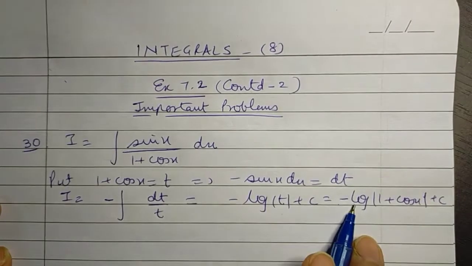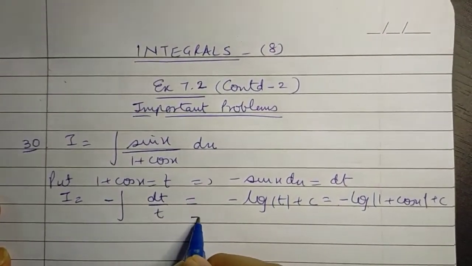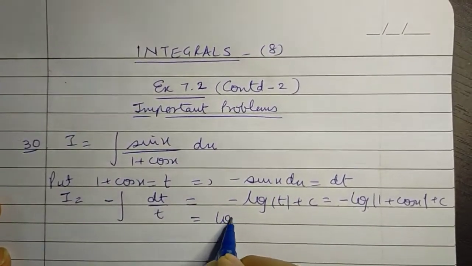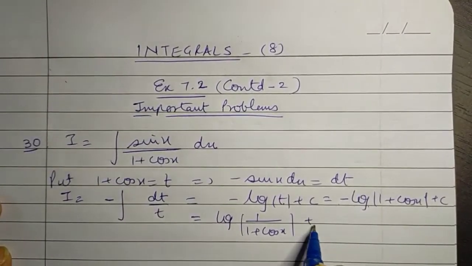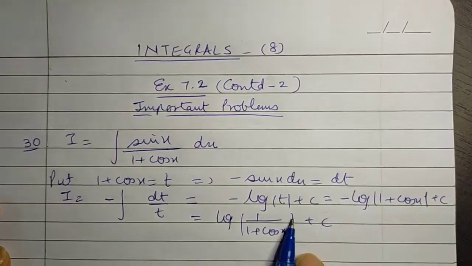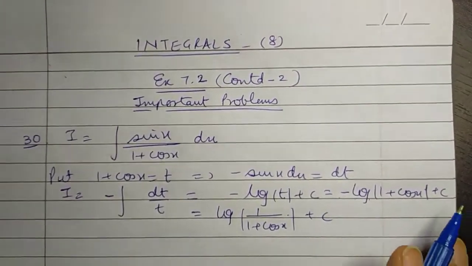We can even absorb this minus sign and write the answer as log of 1 upon 1 plus cos x plus c. Both ways of reporting the answer are correct.